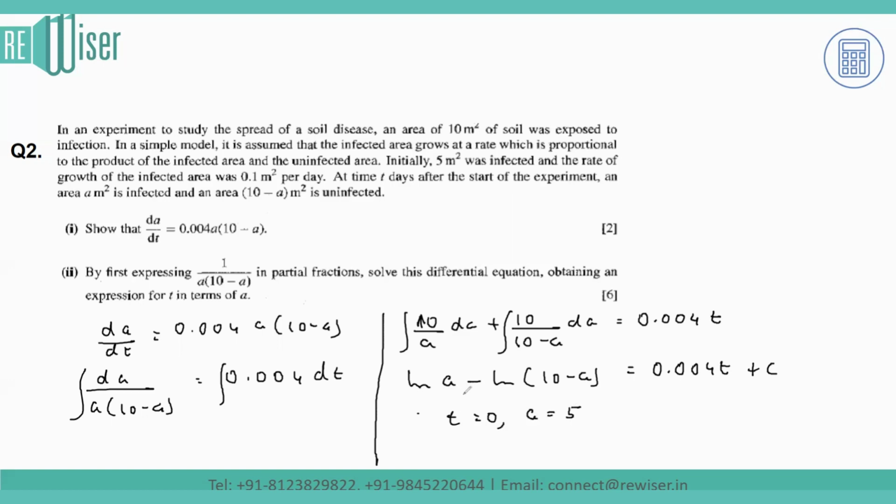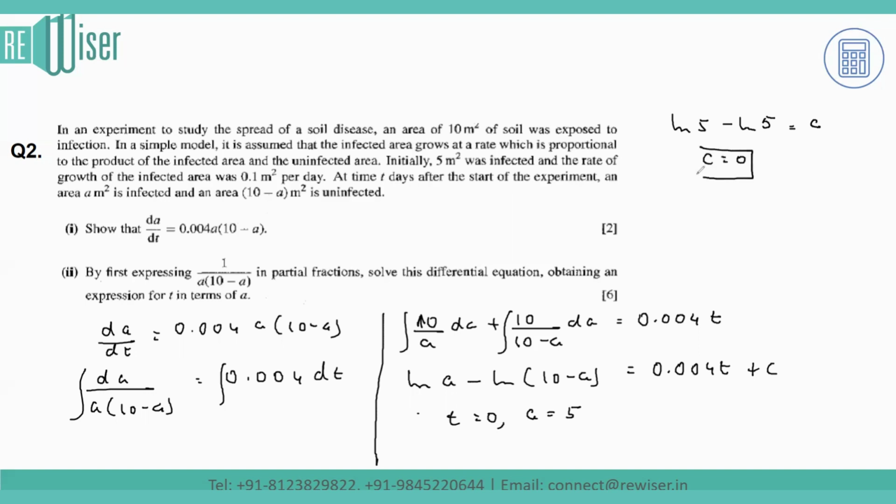So if I place that result over here, I got ln 5 minus ln 5, and that is equal to C. So the value of C is 0.